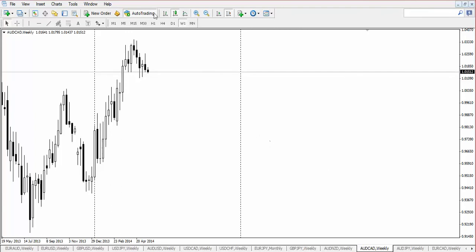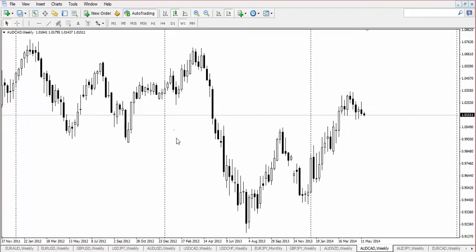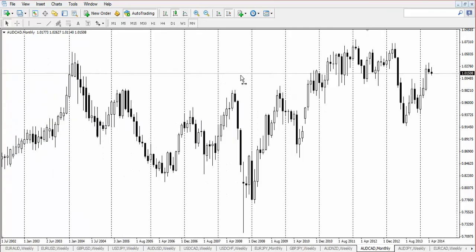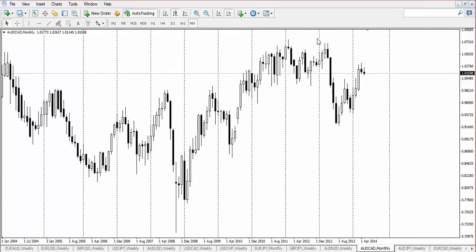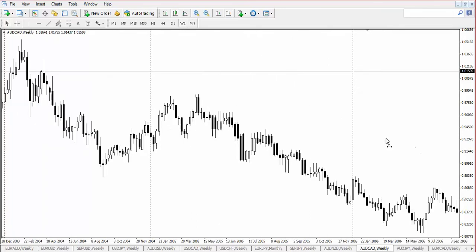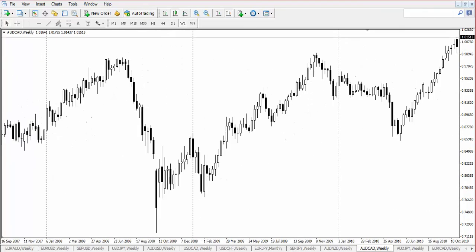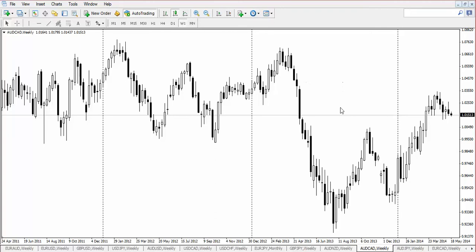Aussie CAD, similar to Aussie dollar in many respects. This actually looks quite good. Let me have a look at the weekly. Nothing really there in the weekly.